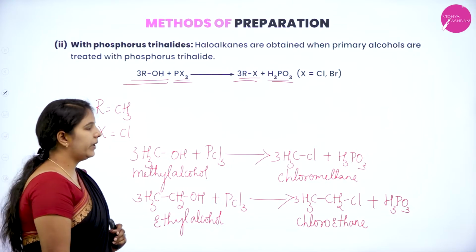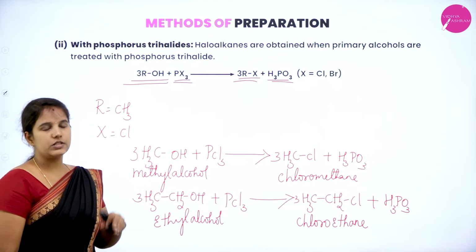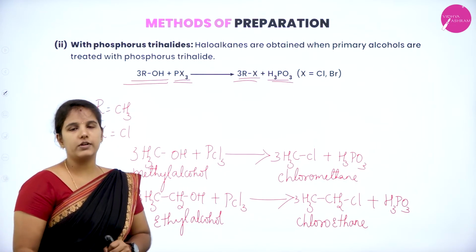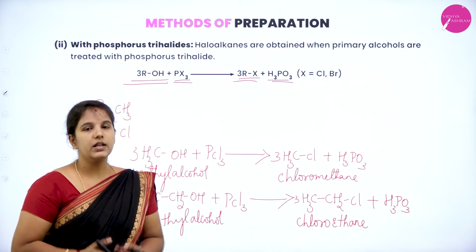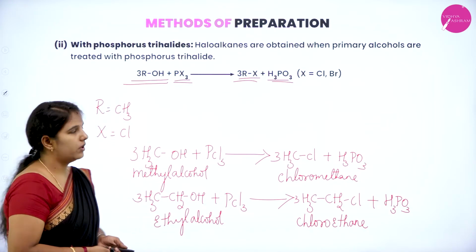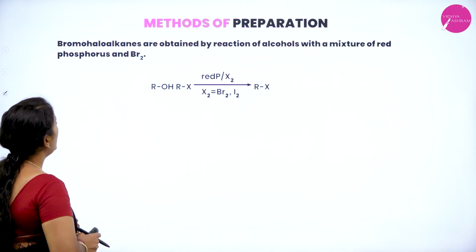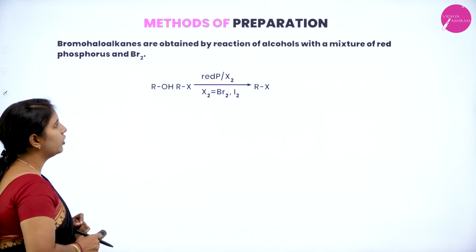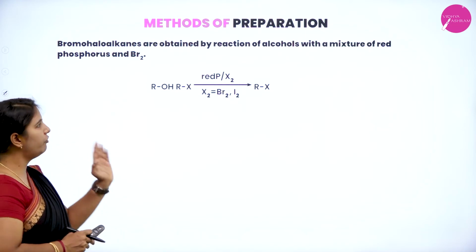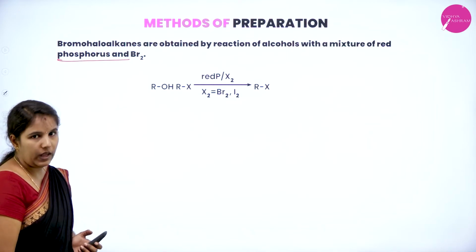This is how we can write the reaction by considering the general reaction. Once you know the general reaction, how to write it, it's very easy to write by taking the R as any alkyl group. Next we have bromoalkanes, which are also obtained by the reaction of alcohols with a mixture of red phosphorus with bromine.